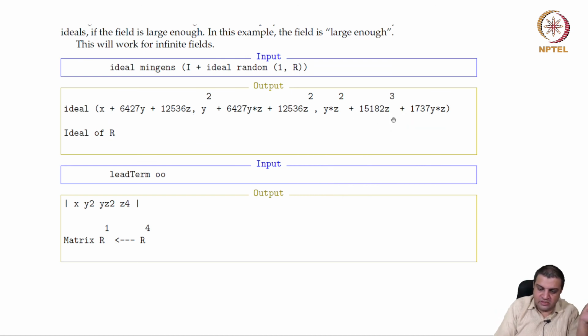Just by looking at this, it is not immediate that this ideal is m-primary, primary to the ideal generated by the variables. So we ask for the lead terms in some Gröbner basis, and we get x, y square and z to the 4. So this is finite length.